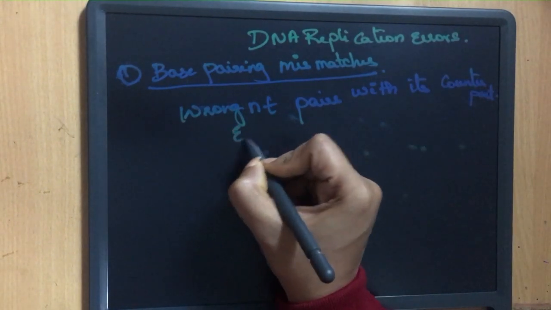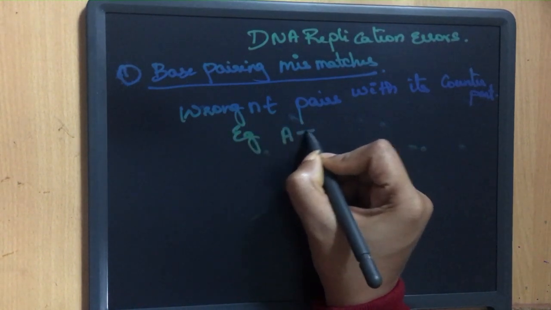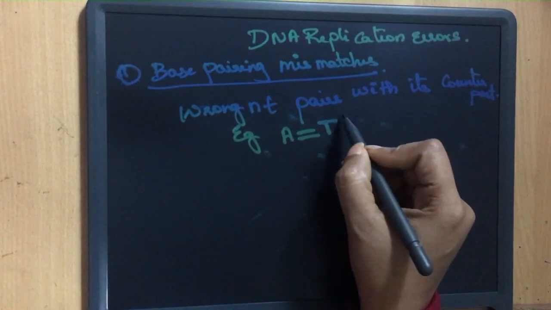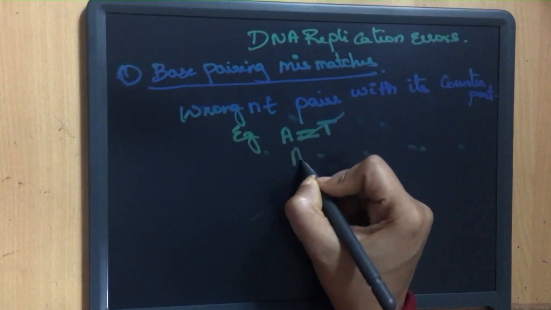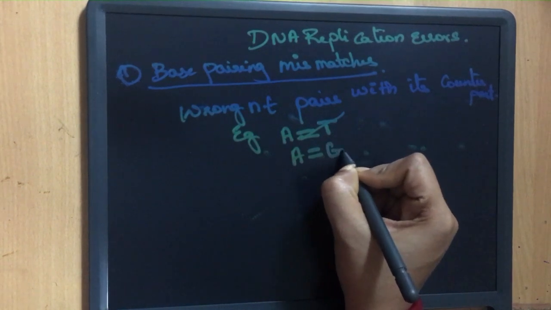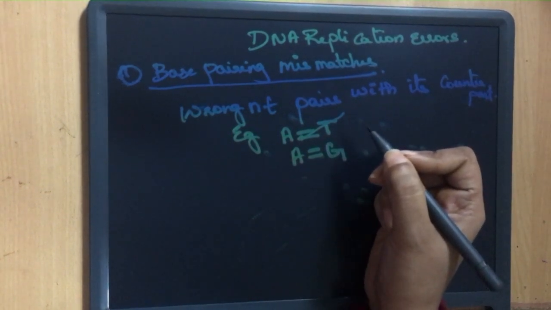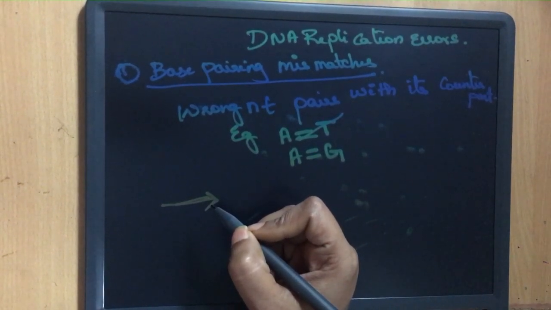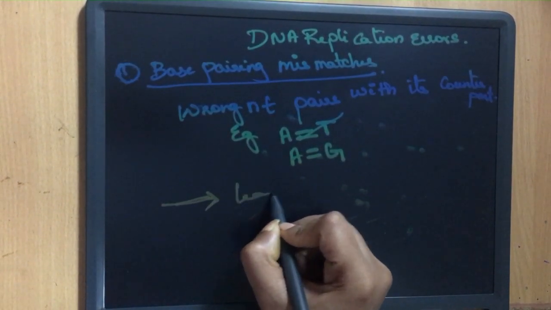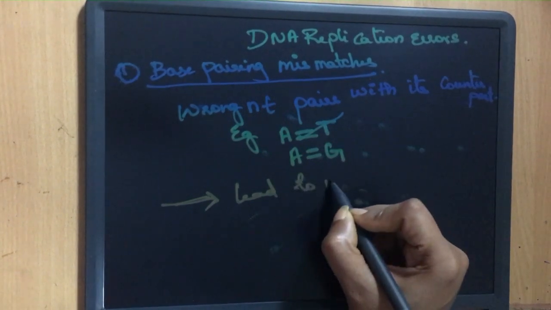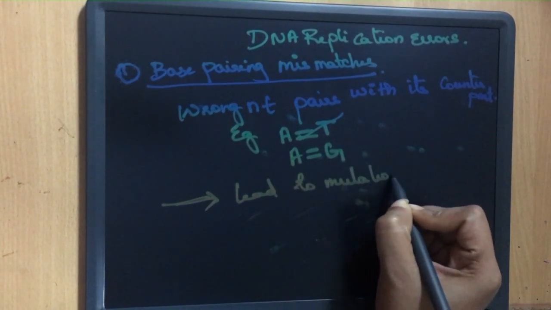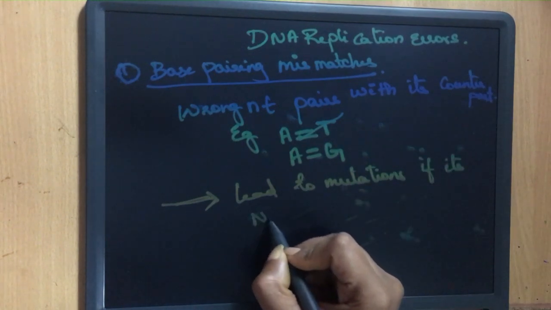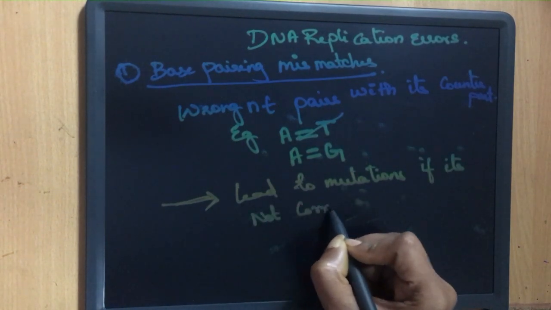For example, adenine has to pair with thymine, but instead of pairing with thymine, adenine goes and pairs with guanine. Okay, what is the consequence of this? Mismatch base pairs can lead to mutations if it's not corrected.